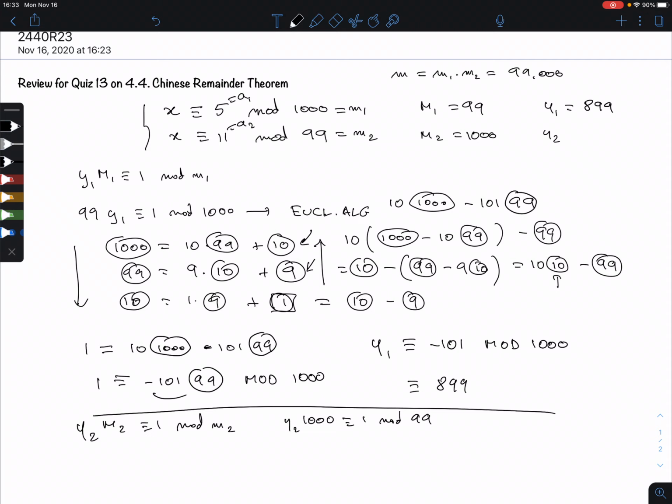So 1,000 divided by 99, that is 10 times. So 1,000 is 10 times 99, that is 990 plus 10. Well, we actually have the same calculation before here. So we know that 1,000 is the same as 10 mod 99. Okay? We can always reduce mod 99.